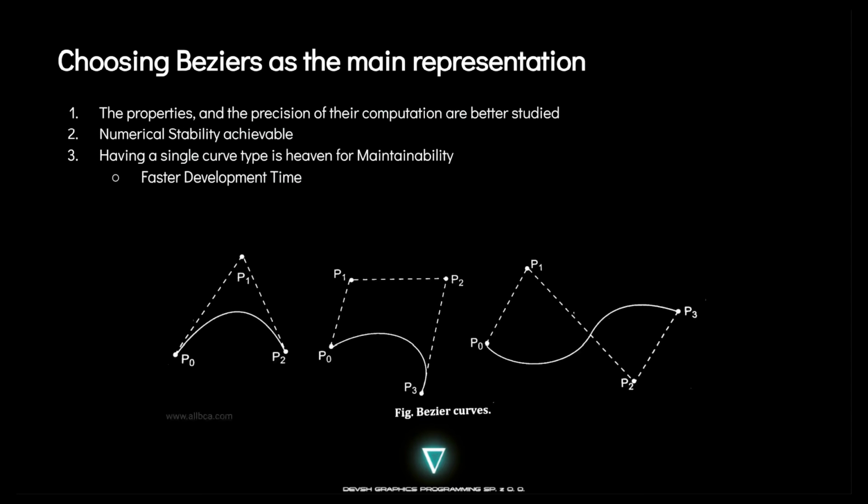That's why we chose to turn any complex curve into piecewise Béziers. This gives us huge benefits. The properties and the precision of their computations are better studied as there are thousands of articles on Béziers. Numerical stability is now achievable much easier, and having a single curve type is heaven for maintainability and results in a faster development time in the long run.